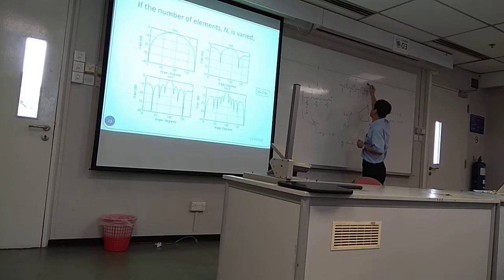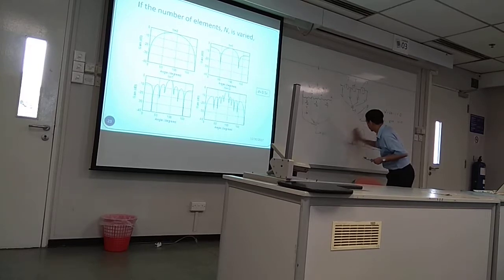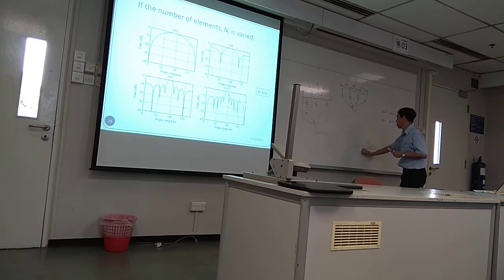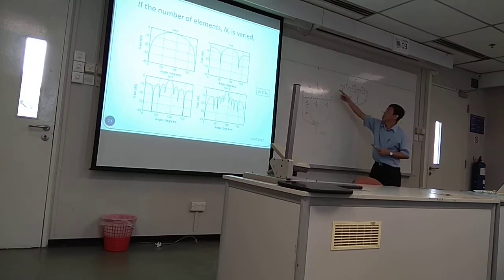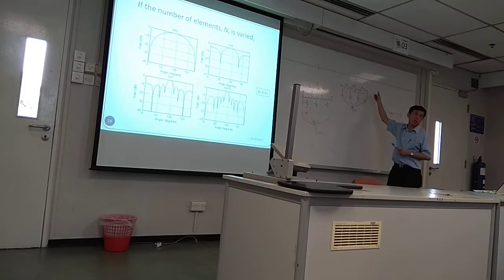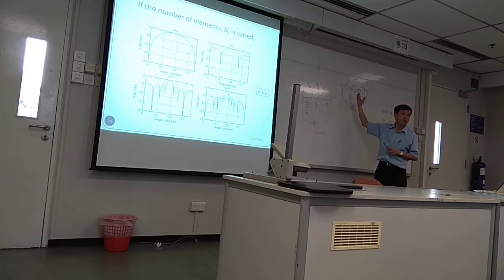This is your FIR filter. When signal is propagating across the so-called tapped delay line, this is your transversal filter or FIR filter. When signal is propagating through this, it's going to be delayed by this sampling interval.